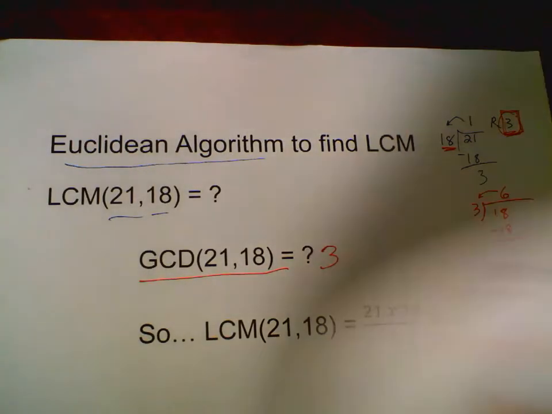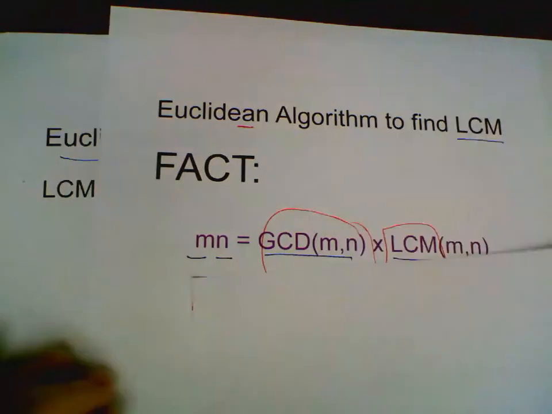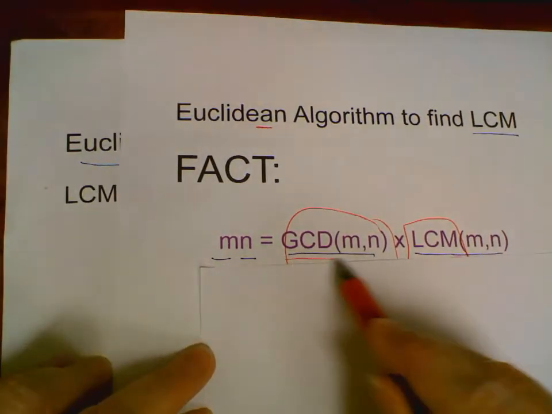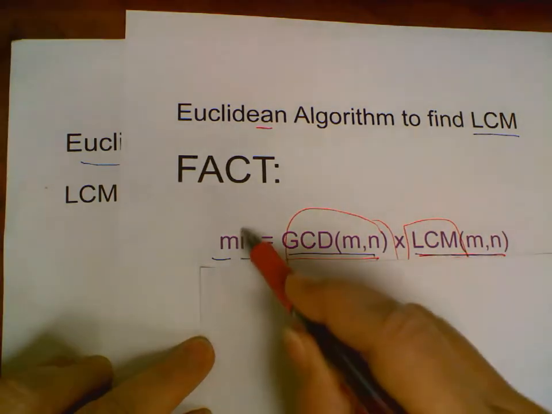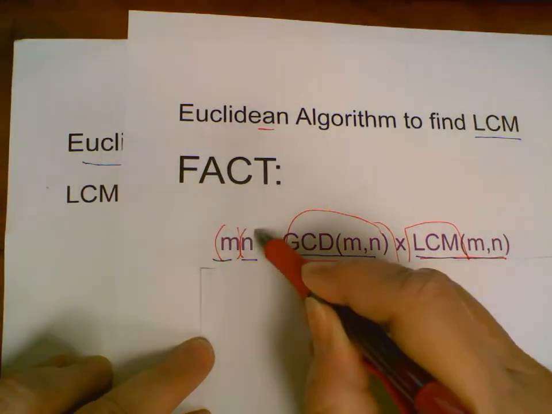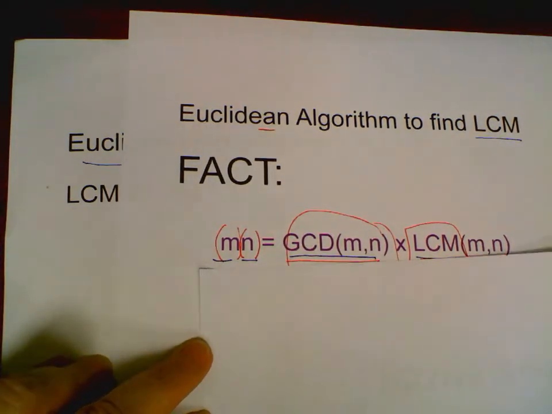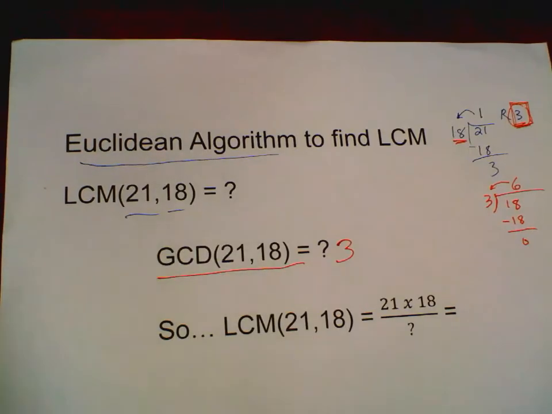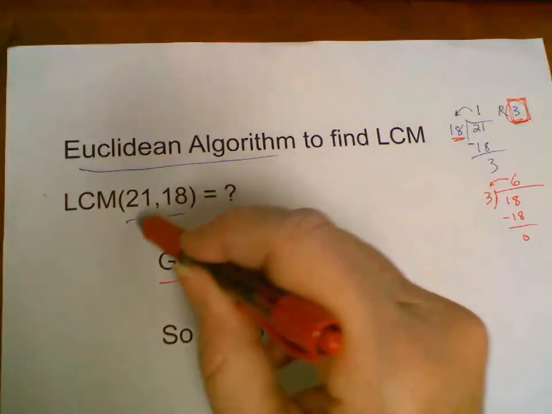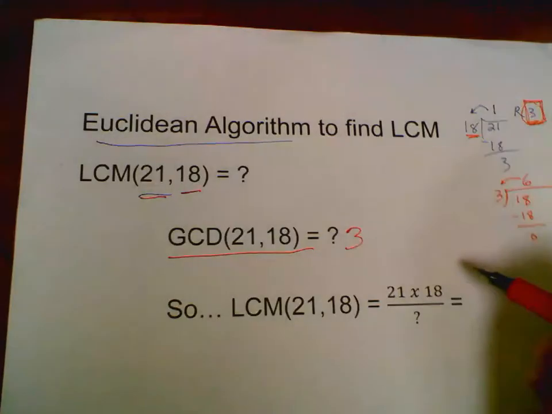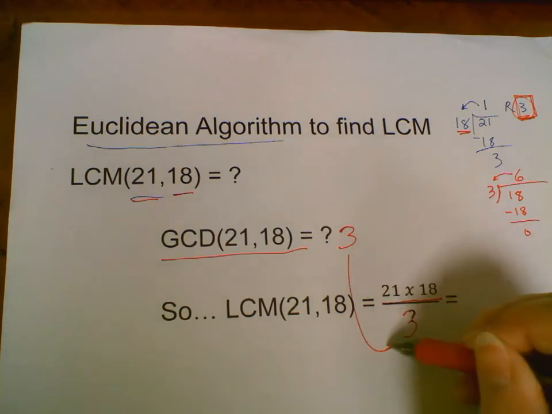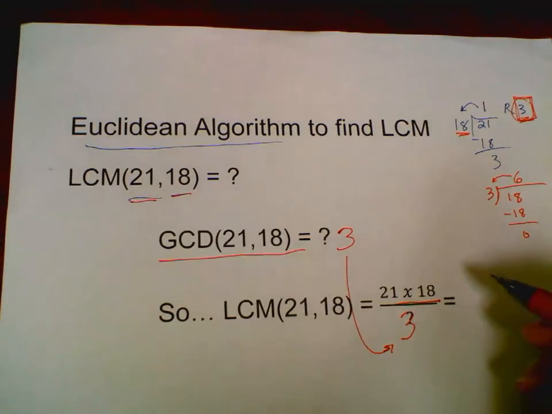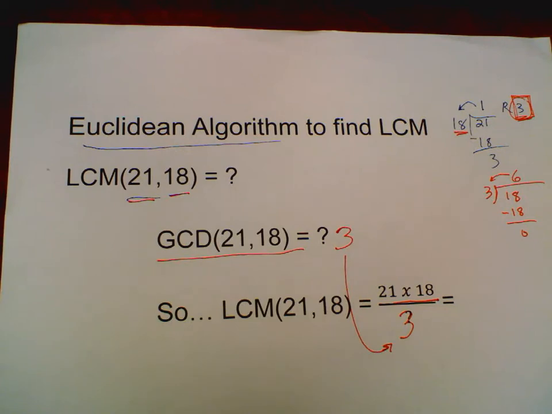But remember the fact, I need to find the greatest common divisor because it will be multiplied by the least common multiple to equal the two numbers multiplied together. So I'll do a little algebra and find my answer. I'm going to multiply 21 times 18.